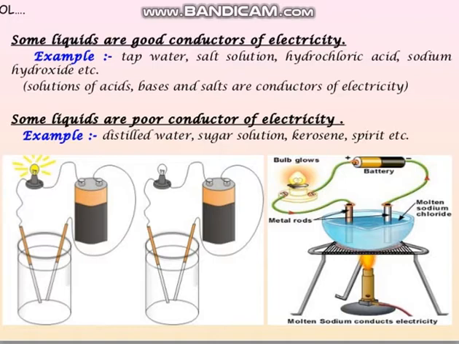So just to avoid that confusion, we should use another type of tester which is able to detect weak electric current also. For this purpose we can use two things. The first one is the LED, that is light emitting diode.